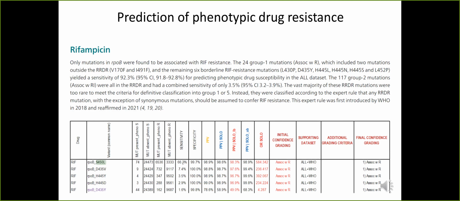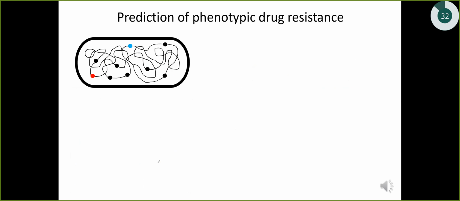And based on that, you have the sensitivity, the specificity, positive predictive value, and so on. So you can use this catalog. You would analyze the genome, detect the mutation, look for these mutations here, and say, okay, this strain is most likely resistant, or this strain is most likely susceptible, which is basically the process of whole genome sequencing I just described.